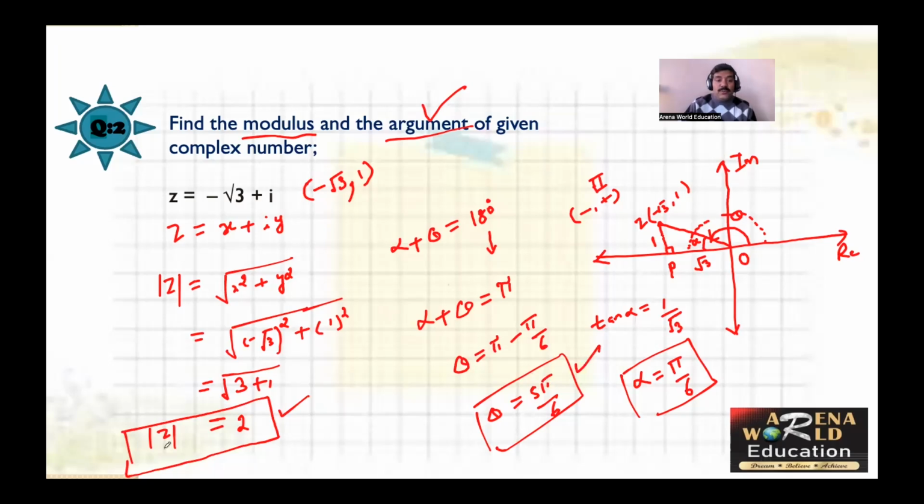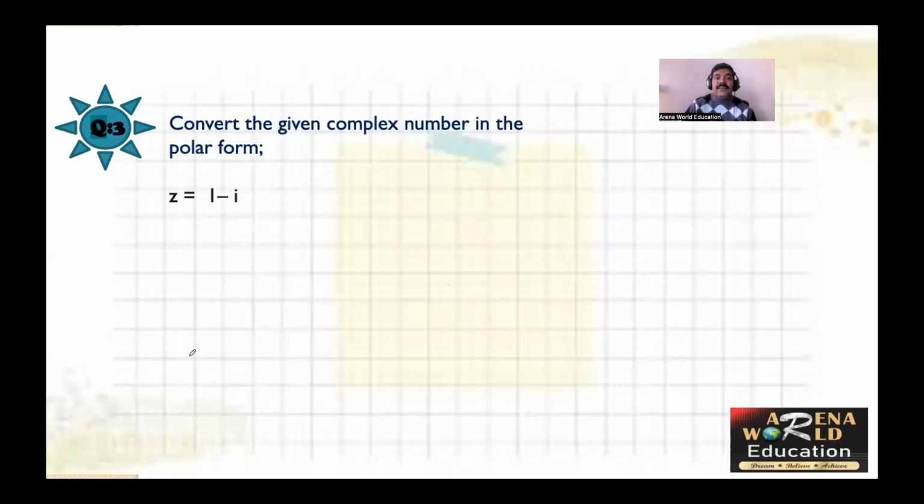So let us move to question number 3. Question number 3 is: convert the given complex number in the polar form. Polar form is what? Yes, it is r into cos theta plus iota sin theta, right?